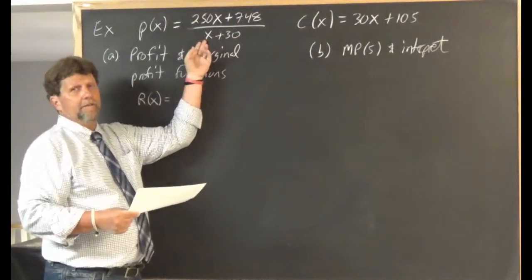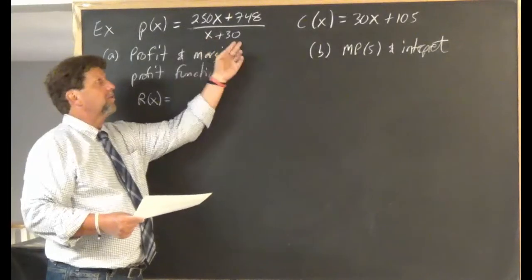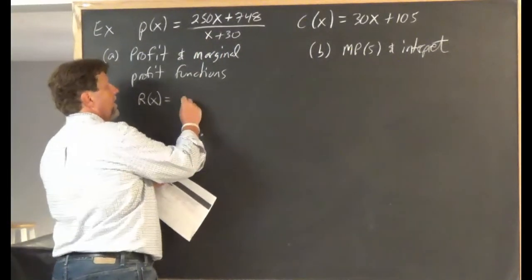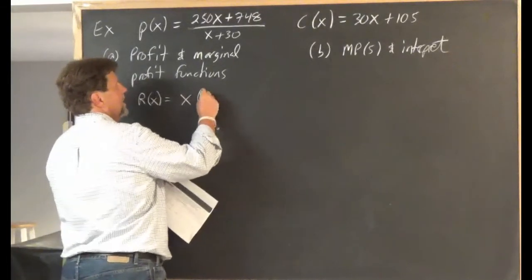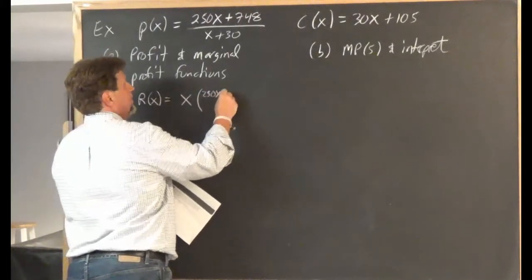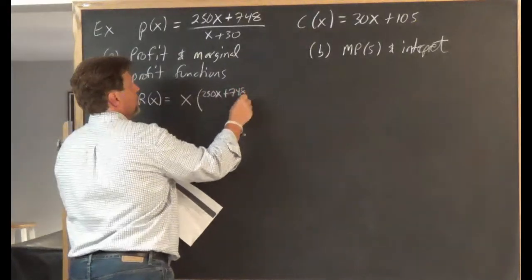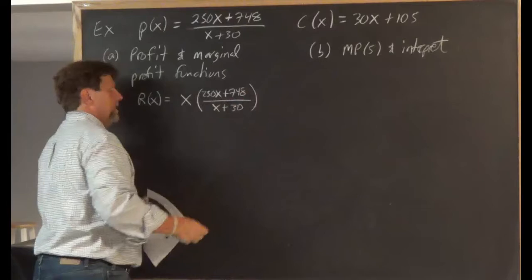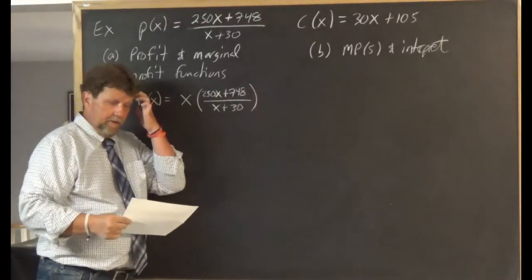Well, here's price. It's an ugly looking expression. That's price. The quantity is X. So the revenue function is X times (250X plus 748) over (X plus 30). That's the revenue function.